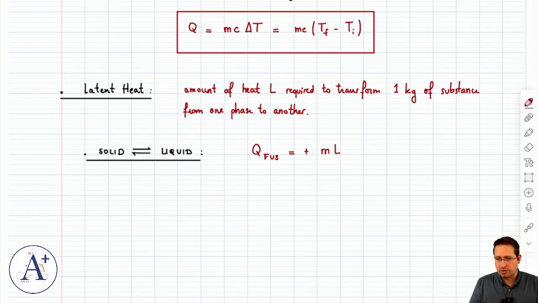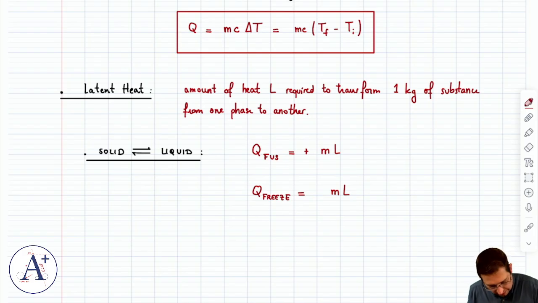I don't have to write plus, but the point is it's a positive number, but I'm responsible for the sign. In other words, if I were to go from liquid to solid, I would have to freeze a mass m of substance. Well, that would still be an amount of heat mL, but I'd have to remove that heat in order to freeze it, so I need a minus. Now, by the way, it's quite remarkable that it's the same amount of energy in both directions. It's just a matter of whether it goes in or it goes out.